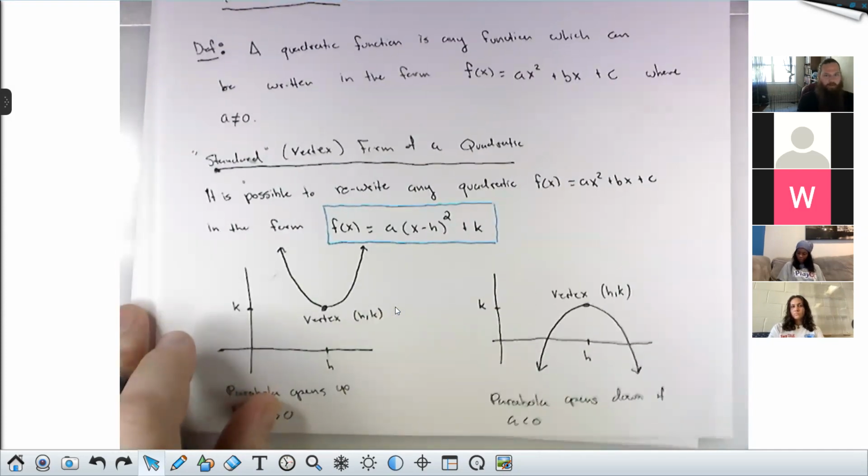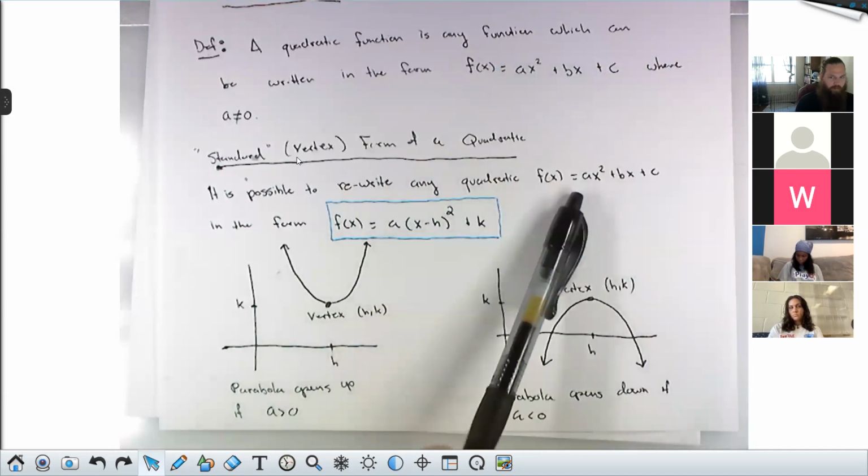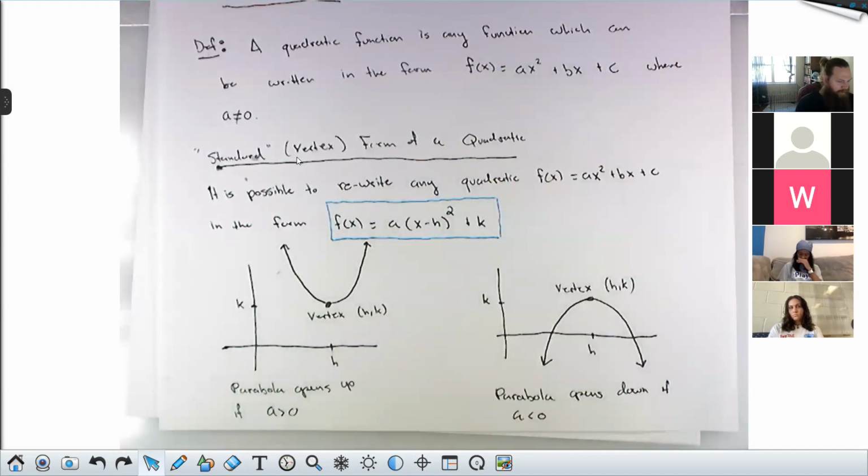But there are also pure algebra procedures that allow you to take a quadratic from this form into the vertex form, or as our text calls it, standard form. The thing you need to know how to do, in order to move from this form to this form, is called completing the square. I'm going to show you how to do that now.